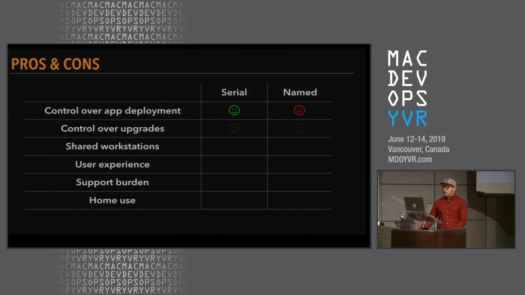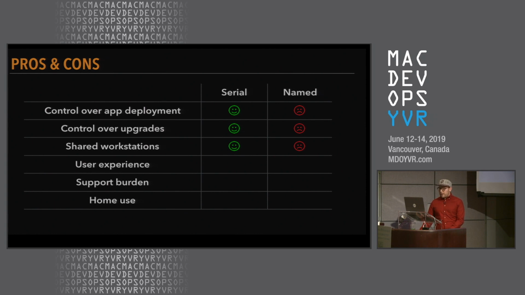As far as upgrades go, again, serial is a lot easier. When you're doing the CCDA thing with named licensing, your users have control over when they upgrade to different versions. For shared workstations, obviously serial is way better. It's a device license. It doesn't care who's on the machine or how many users. It just licenses the computer.